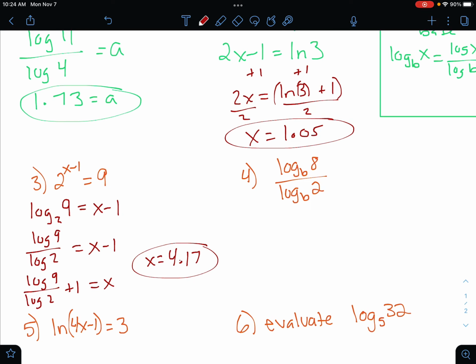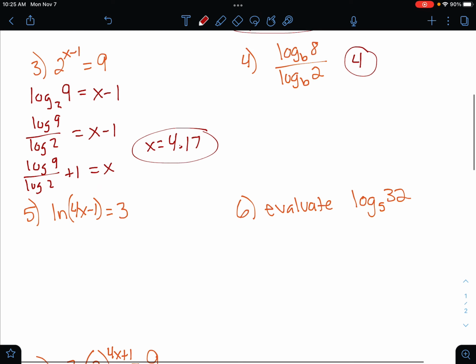Now, just like before, if we have log of a base of the same base equals the same base, we can set those equal. Well, for this one, when you have log of the same base, you can also simplify it down just like you normally would. So we're going to simplify that 8 and 2. So really, we have 4. And that's your answer.